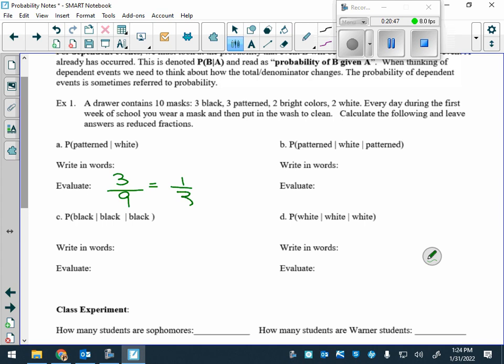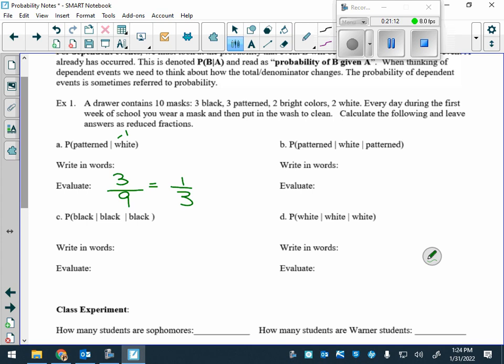So this is our probability that you have selected a pattern mask given that you've already selected a white. So this first event, selecting a white, has already occurred. So you're subtracting 1 from the total. Okay, does that make sense? You guys okay? Are you with me?